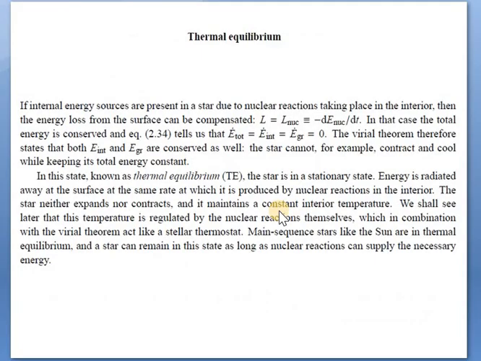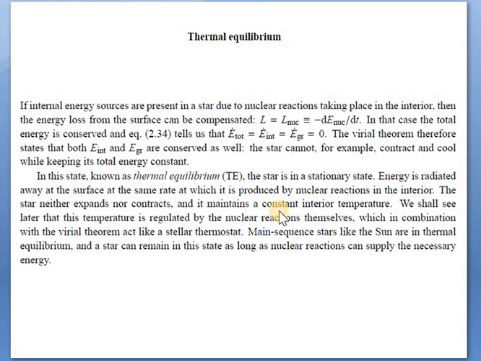Now, before I proceed to the next one, let me talk a little bit about thermal equilibrium. If internal energy sources are present in a star due to nuclear reactions, then the energy loss from the surface can be compensated, which I just talked about.